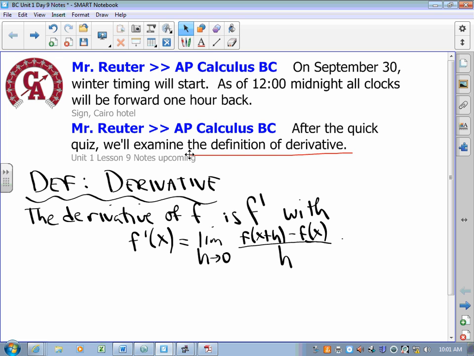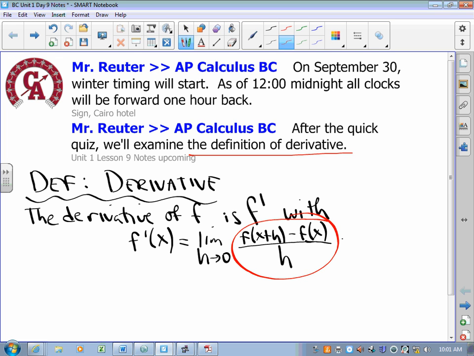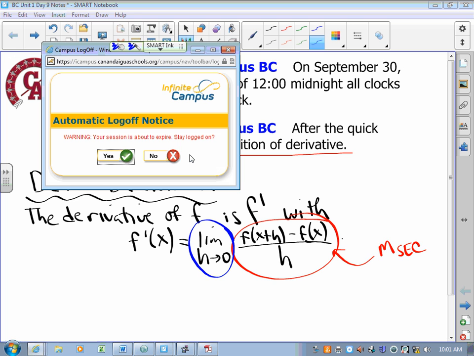By the way, this is the definition of derivative in general. This is a general definition for a general derivative of a general function. Nothing surprising here. This quantity here is the slope of a secant line.